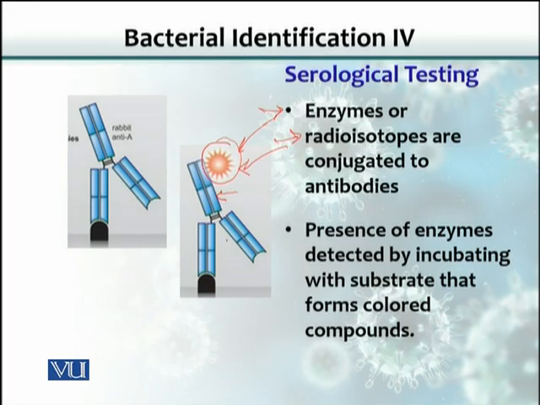If this tagged antibody, which is specific to this antigen, binds to the antigen, we can detect the presence of the radioisotope or the enzyme. Of course, if it is the enzyme, we have to give it a substrate, and we choose a substrate that, when it interacts with the enzyme, produces a colored compound. By the look of that color, we can tell that this antibody has bound to this antigen specifically.